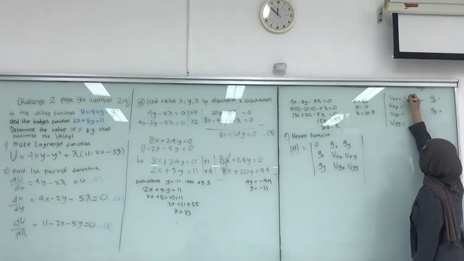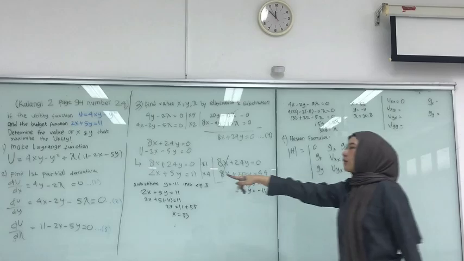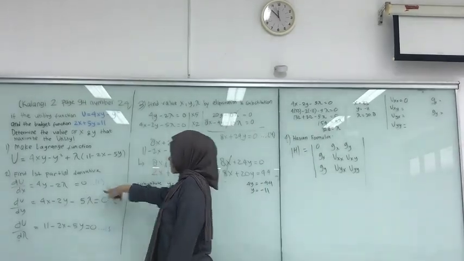For the uxx, we got 0 because there is no x right here.